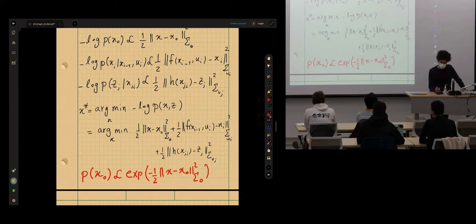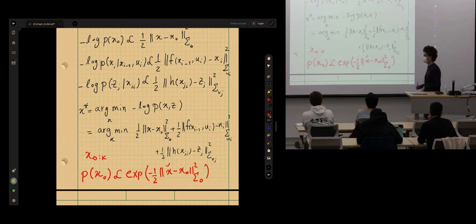I'm treating x0 as a given measurement here, because x0 is part of the state variable. If you remember, we had x0 to k. You could use different variables, not x. If it's confusing, what should we use? With the lack of creativity, we go for x.